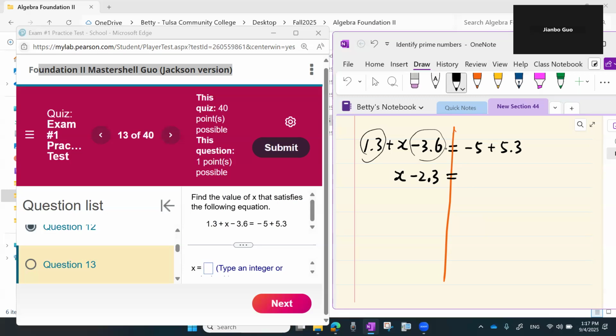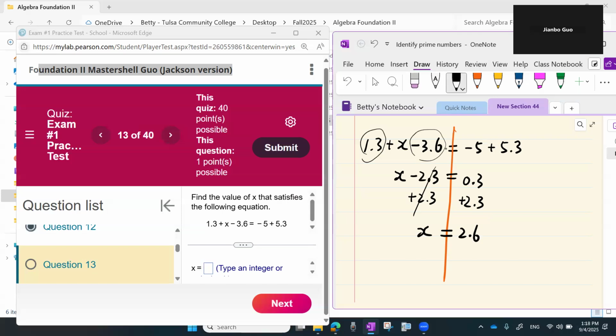And on the right side, negative 5 plus 5.3, we have 0.3. And to isolate the x on the left, we add 2.3 to both sides. And then we have x on the left. On the right, 0.3 plus 2.3, 2.6.